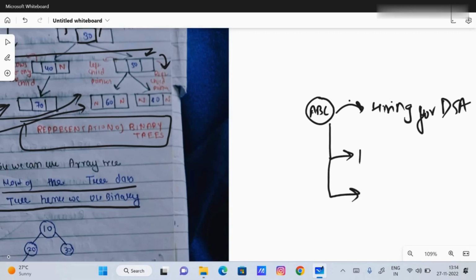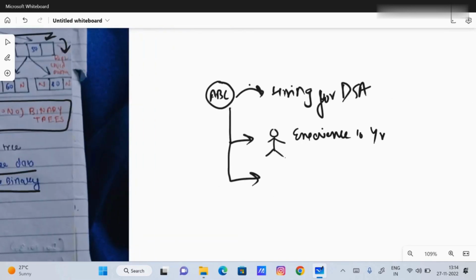One is from a person having experience of about 10 years, and second, a fresher. Okay, both have the same knowledge.